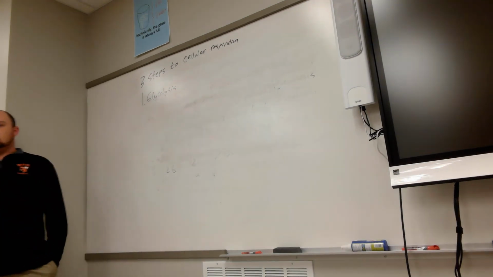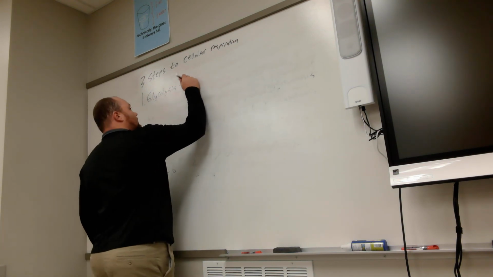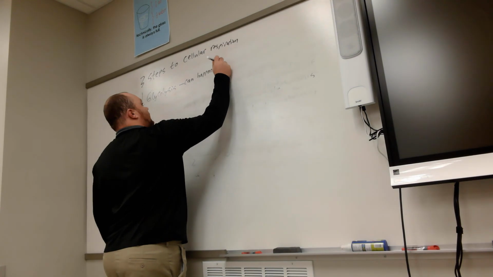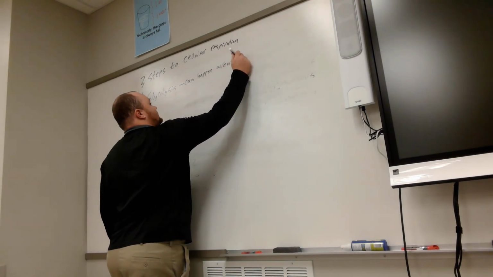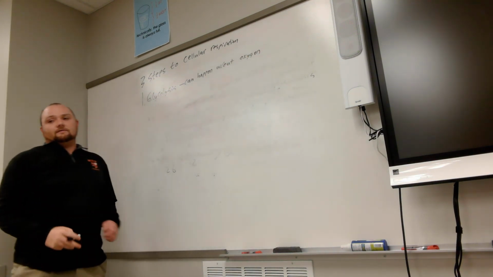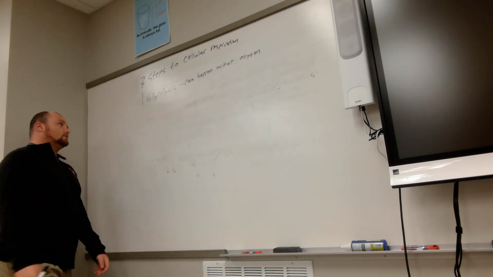So glycolysis is your first step, and this can happen without oxygen. That's the only step that can happen. If you don't have oxygen, then you can't go past the first step. But basically, glycolysis is where you're breaking down the glucose.